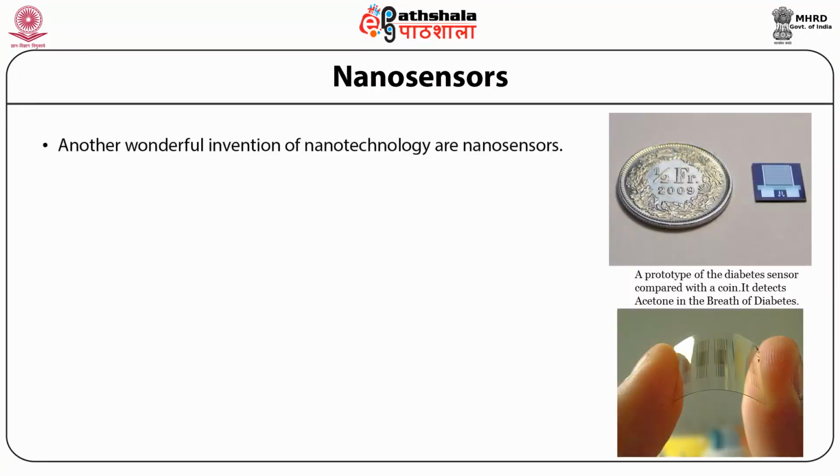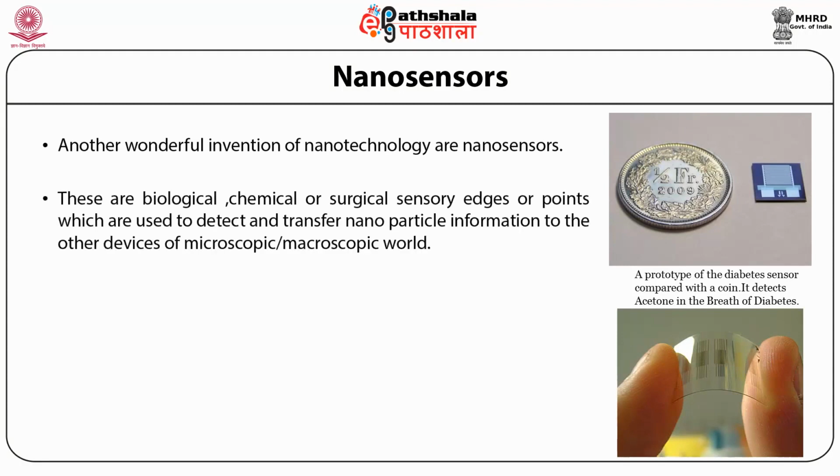The next nanoproduct is the nanosensor. It is another wonderful invention of nanotechnology. These are biological, chemical or surgical sensory edges or points which are used to detect and transfer nanoparticle information to other devices of the microscopic or macroscopic world.